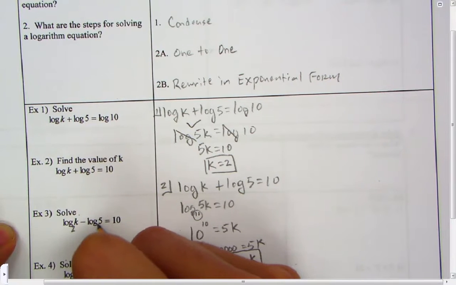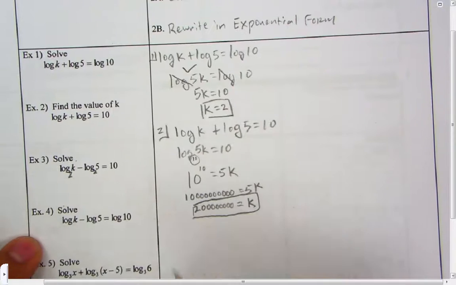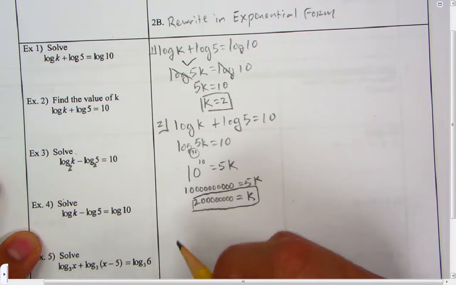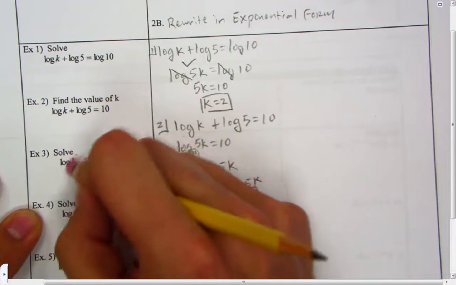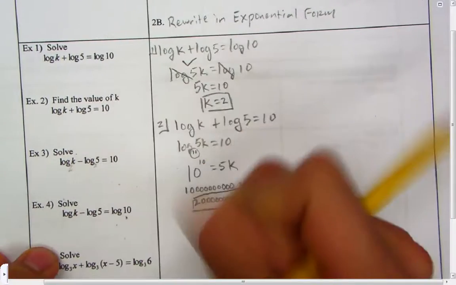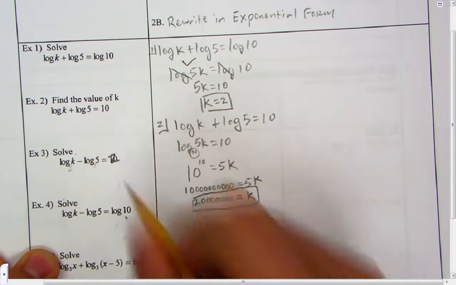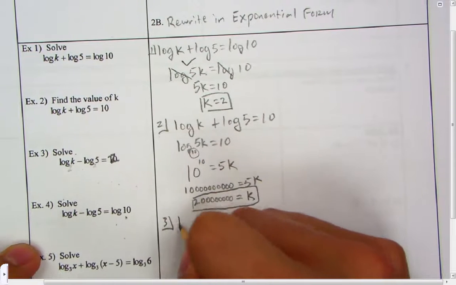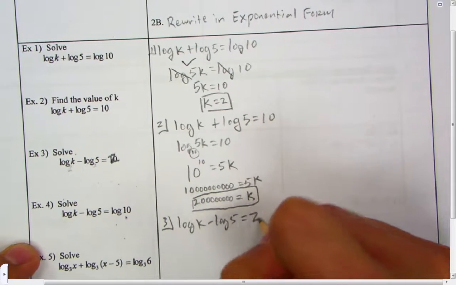Example number 3. Go ahead and write it right here. I'm going to change the problem. I'm going to change that to 2. Log k minus log 5 is equal to 2.